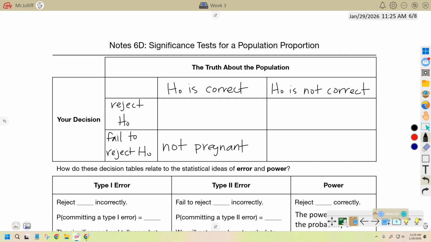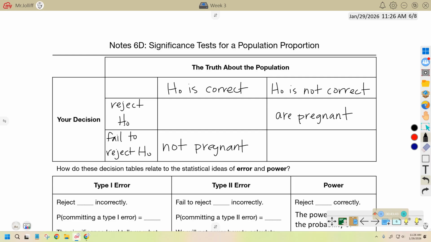The test says I'm not pregnant. Everything is in agreement. We are happy campers. The other happy face box is the upper right. Pregnant. The test said I'm pregnant. I am actually in reality physiologically pregnant. We have agreement. Happy face.